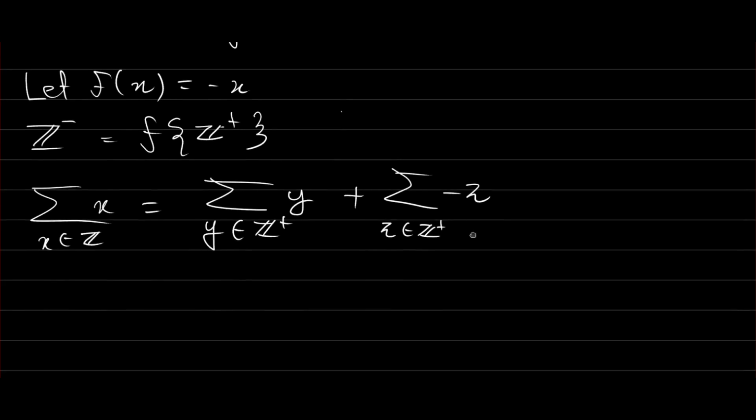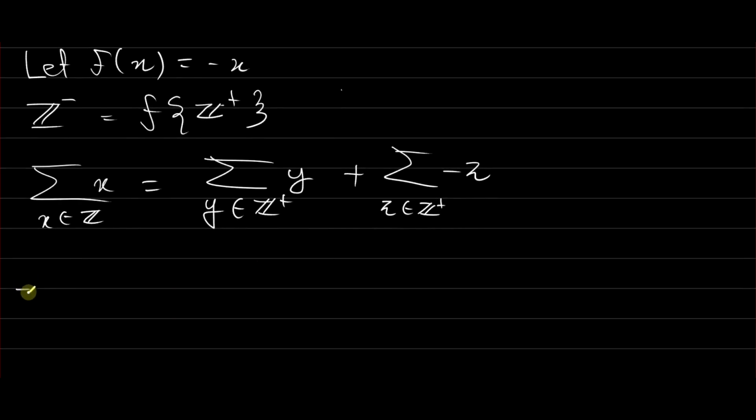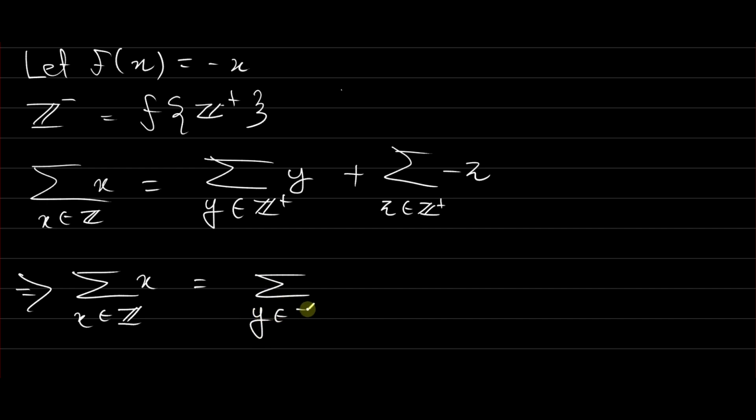Okay, wait a second, I forgot to mention one step. Yeah, we need to remember this step. Sigma x belonging to X, x is equal to sigma y belonging to Z plus, y, minus sigma z belonging to Z plus, z. Why did I forget to mention this step? Minus 1 is the constant over here, and a constant always gets out of the sigma operator.